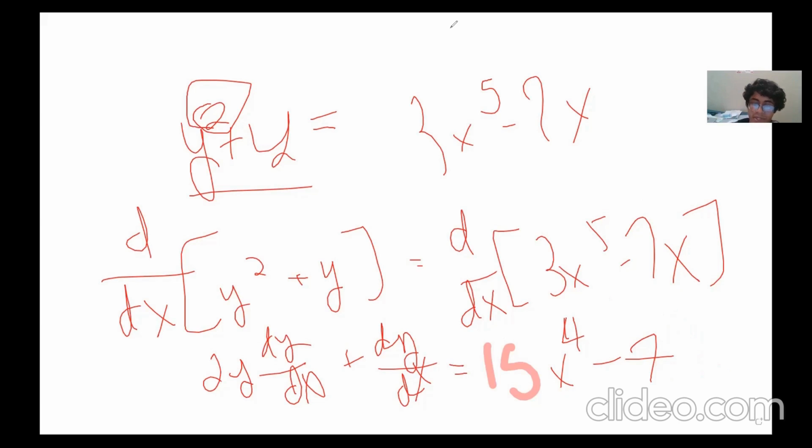You're saying, how is 3x to the 5th changing with respect to x? This is the rate. And then you're saying, how's the variable changing with respect to x? Well, it's dx over dx, that's the same thing, so it's just 1. And then you would just factor out the dy over dx.